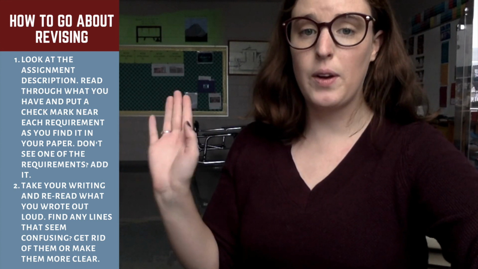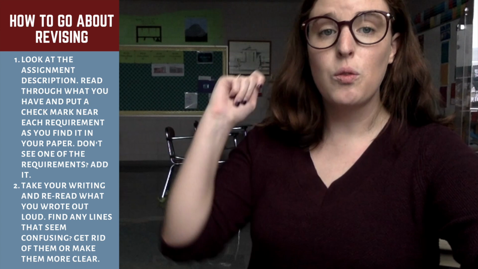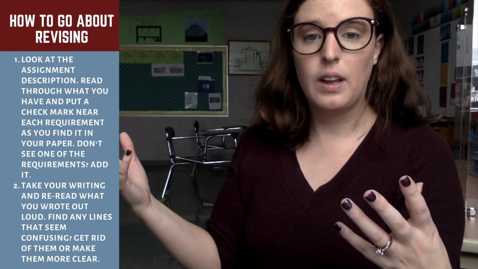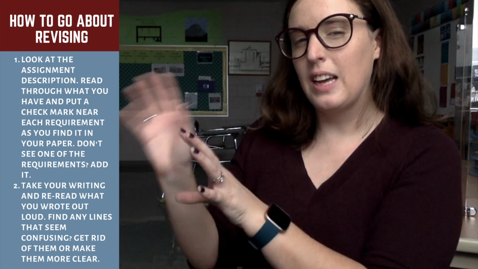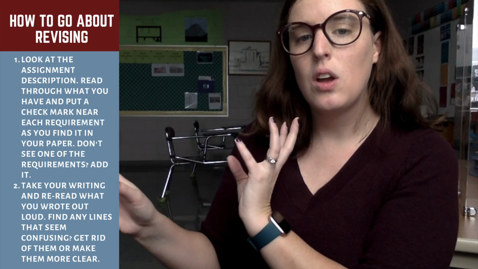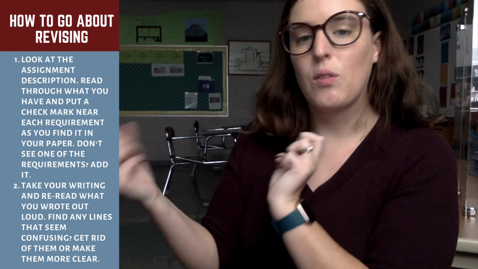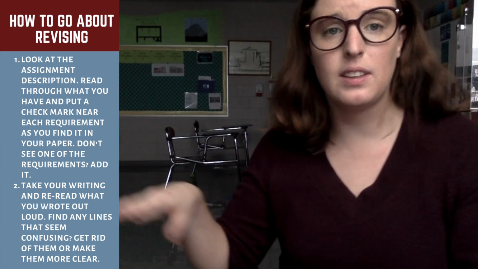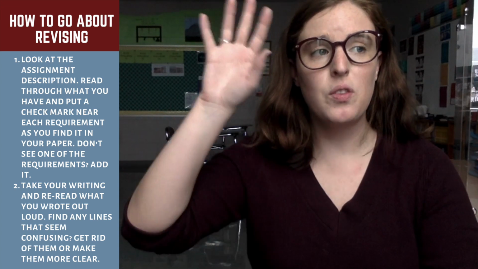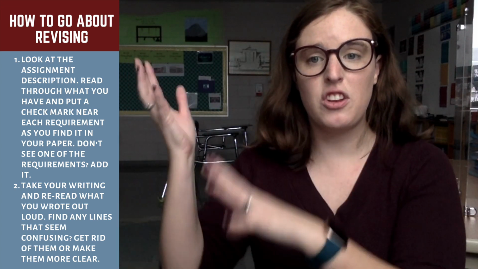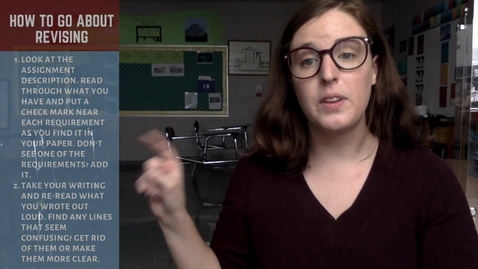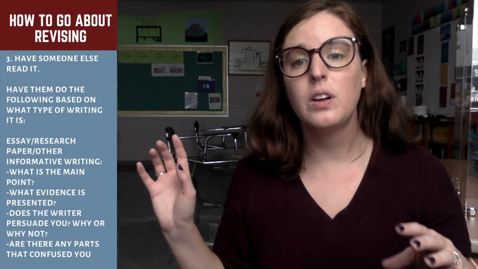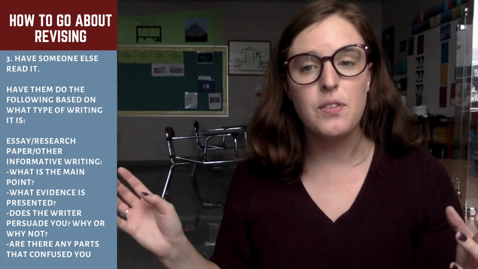The next thing you're going to do is reread what you wrote out loud, okay? And you're going to find lines that seem confusing or things that you want to get rid of or make more clear. And you're just going to start that process of adding things, moving things, just changing things up. When you're done with that, you're going to have someone else read it, and they're going to do the same type of thing.